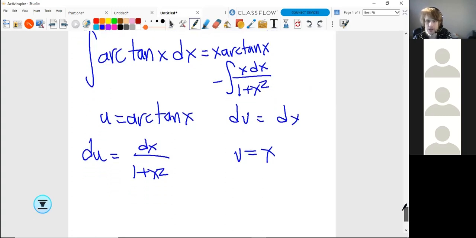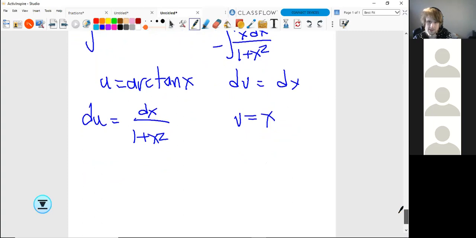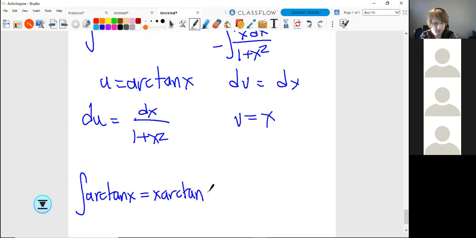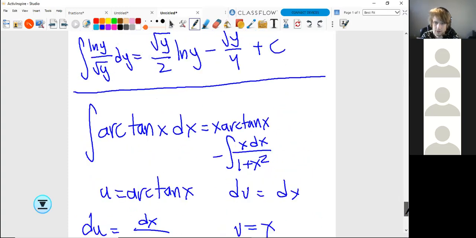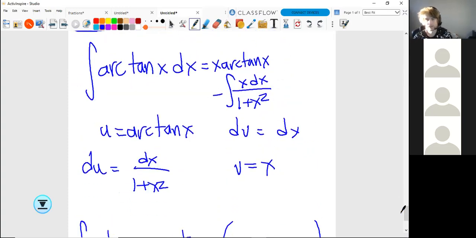Well, with the arctan integral, you kind of just have to know what the derivative of arctan is. But can you tell me the trick for this one? Minus, right here, x dx over 1 plus x squared.